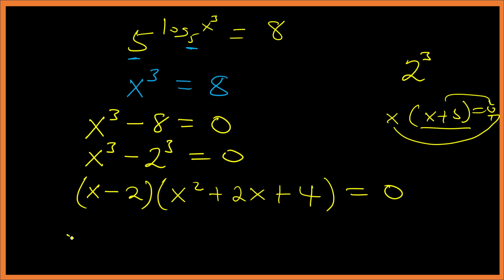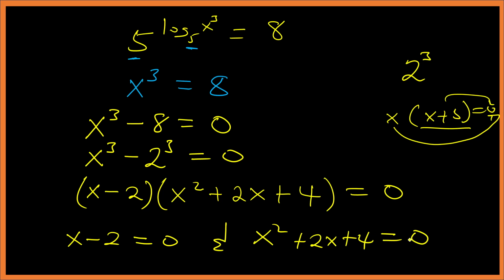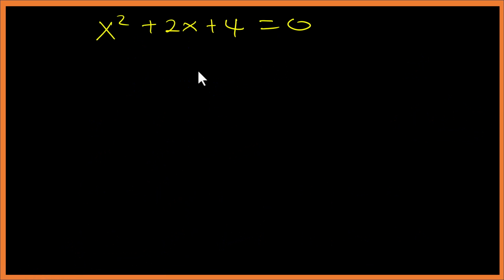So I have x minus 2 equals 0 and x squared plus 2x plus 4 equals 0. So x equals 2. x equals 2 is the first answer. Okay, all right. So let's solve for the other solution.